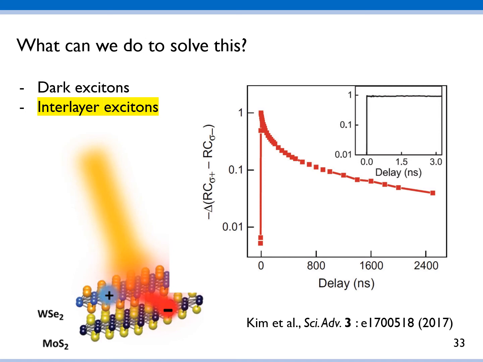And because of this configuration of the exciton, people suggest that this exchange interaction is also forbidden for them. And they have long lifetimes. They have actually really long valley lifetimes, in the microseconds, as you can see here on this graph.